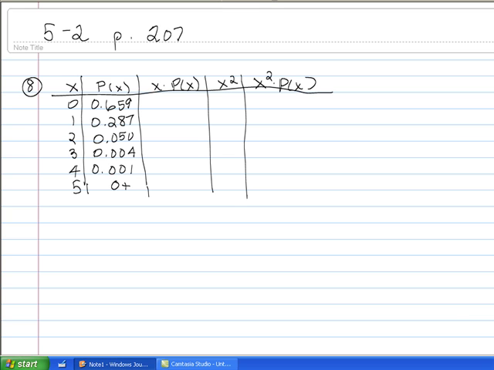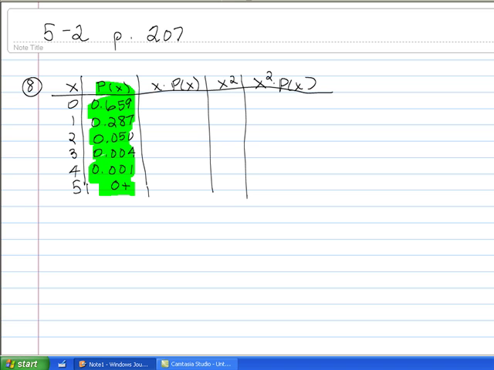So our first task is to take this column here and check to see if the sum of probabilities is equal to 1 or very close to 1. Sometimes with rounding what we find is that our sum will either come out to 0.999 or 1.001, which would be close enough based on rounding.